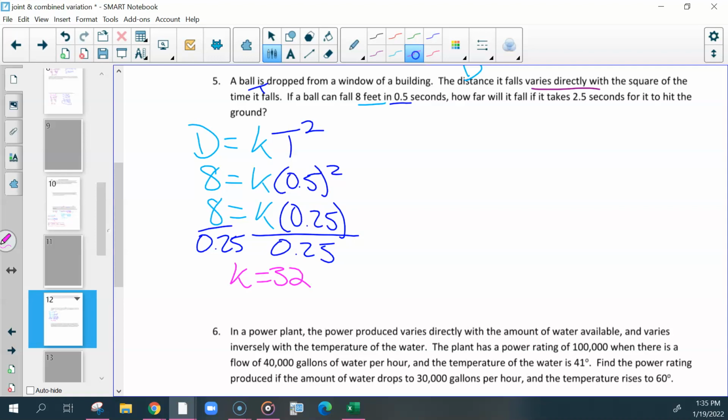Yes, we got a bigger number because we divided by a fraction. So we really multiplied by 4 instead of 1/4. So our equation would then be d equals 32 times t squared. And we need to find d when t equals 2.5.